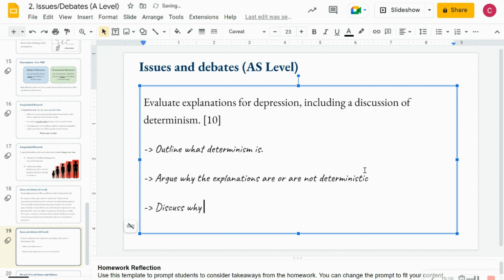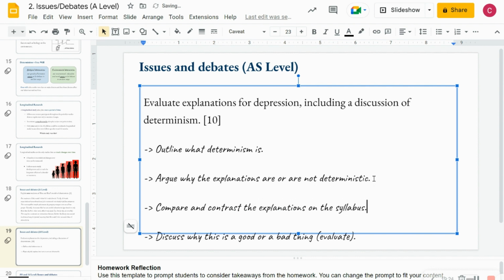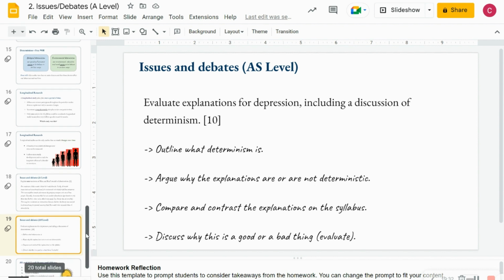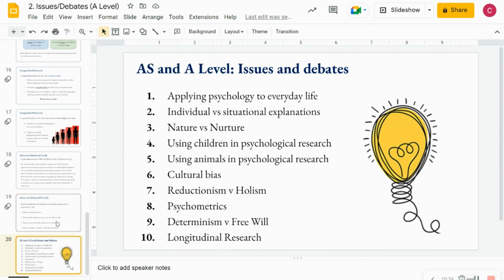Discuss why this is a good or a bad thing. That's where you're essentially evaluating. You want to compare and contrast the explanations on the syllabus. And that would be your paragraph. You'll do that 3 or 4 times to try and get as close to 10 marks as you can.